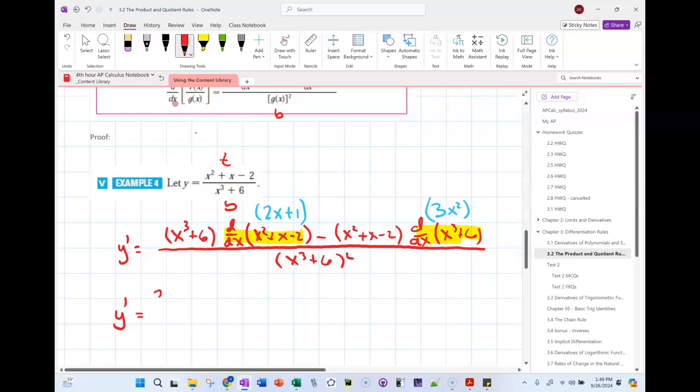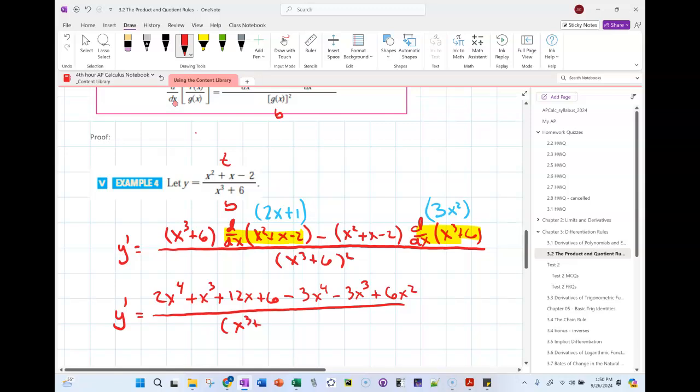So if I do a FOIL, I get 2x to the fourth plus x cubed plus 12x plus 6, then minus, I'm going to have 3x to the fourth minus 3x cubed plus 6x squared.